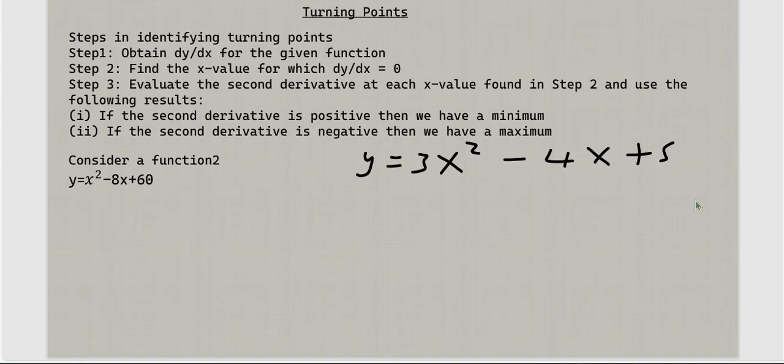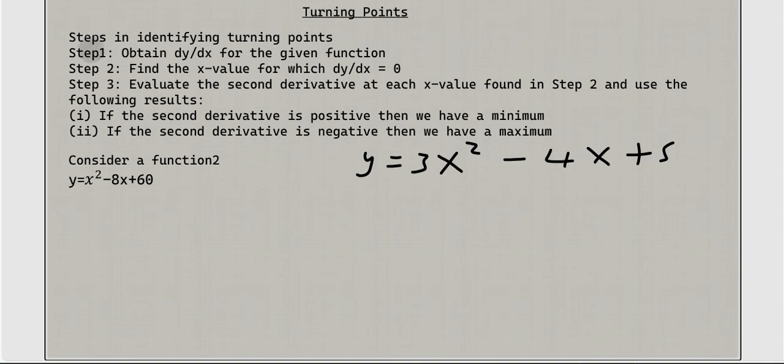So how do you get the turning point? The first thing you do is obtain dy by dx, which is the gradient, so you differentiate this function. That's the first step, as you can see right here. So first step, dy by dx, which again is equal to 6x minus 4. What is the next thing?